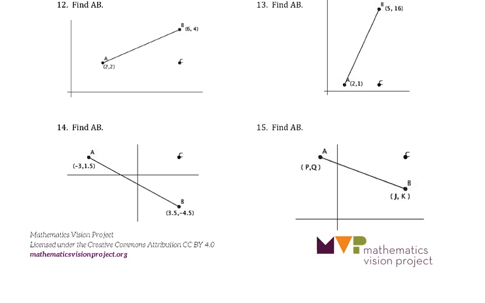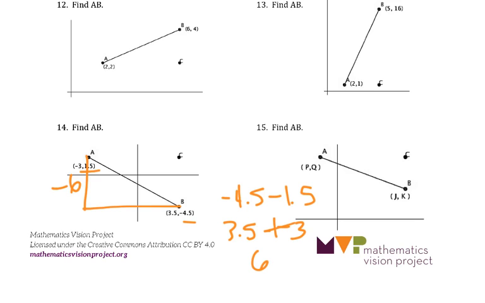Alright, 14. So I can go negative 4.5 minus 1.5, which would give us negative 6. So we went down 6, and over we have 3.5 minus negative 3, so that would be like plus, so it ends up being 6.5.